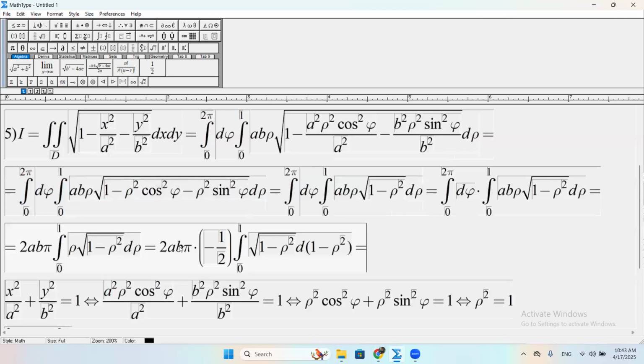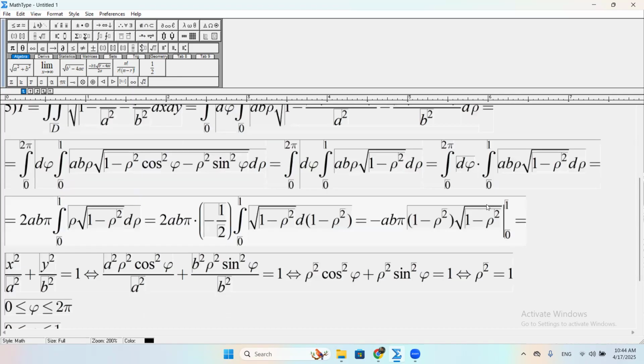So AB, so minus AB by pi, and we will receive the following antiderivative, from 0 to 1.